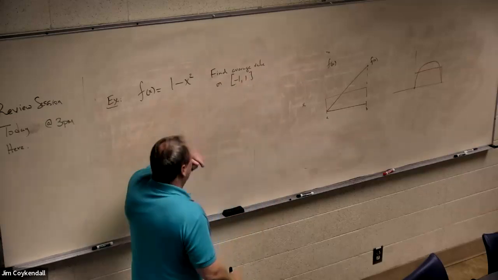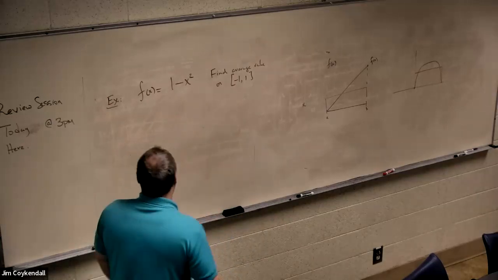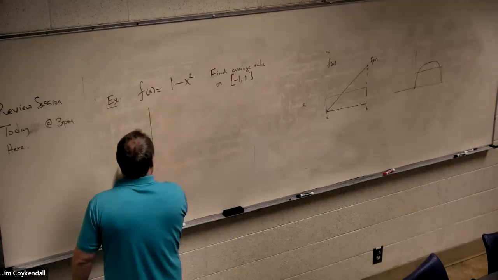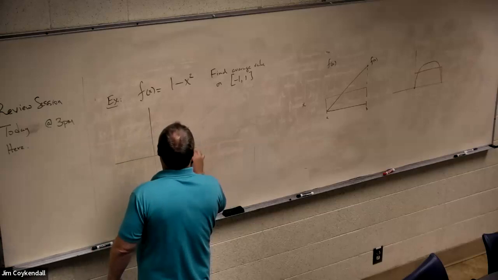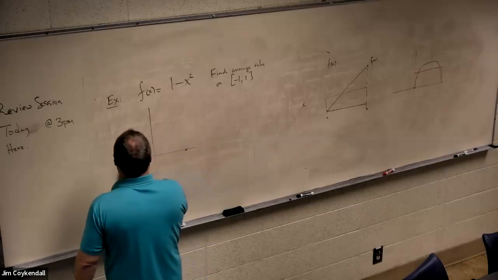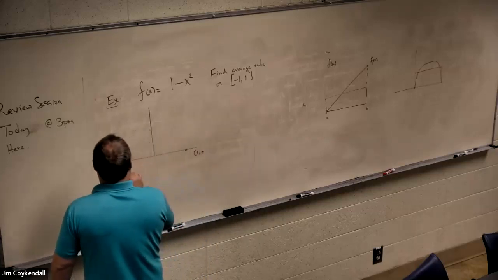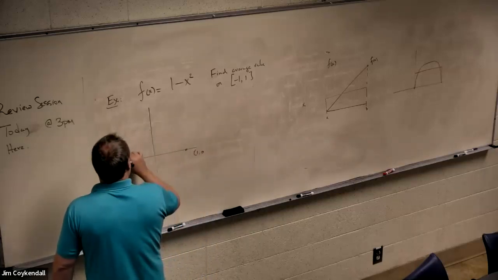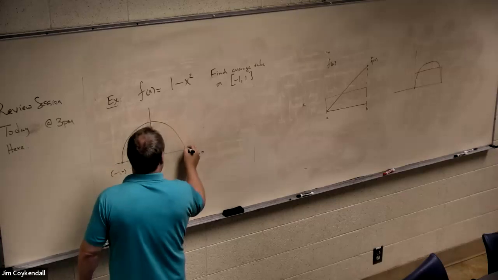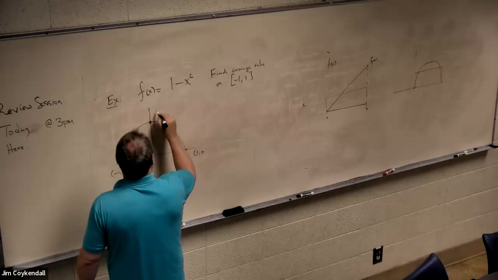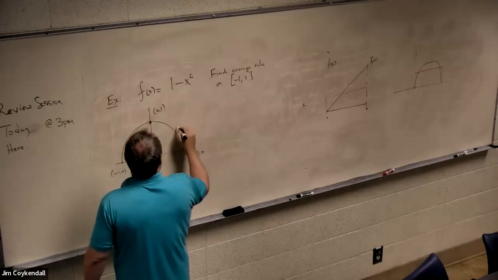Find the average value. So let me try to draw this. This is an upside down parabola, with points 1 and minus 1. This is the point 0, 1.